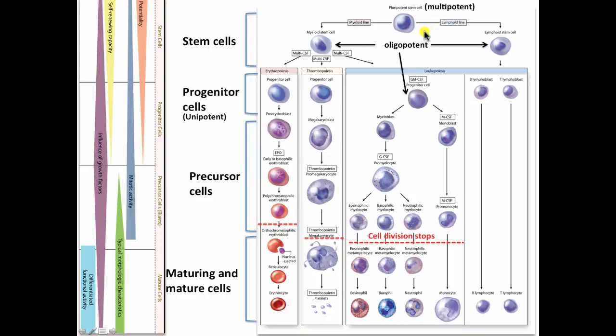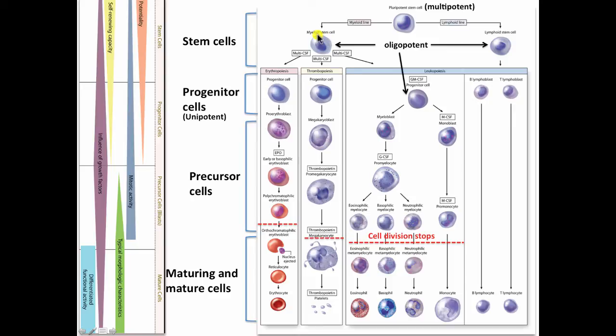An asymmetric division means that, for instance, when this multipotent stem cell is asked to divide, it will divide to give rise to, say, a myeloid stem cell and another copy of itself, rather than 2 copies of a myeloid stem cell.